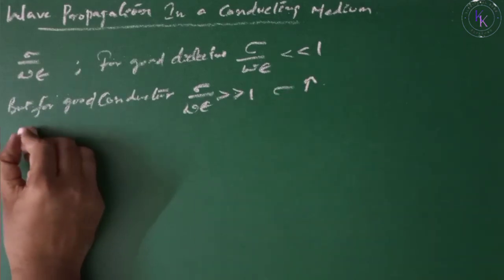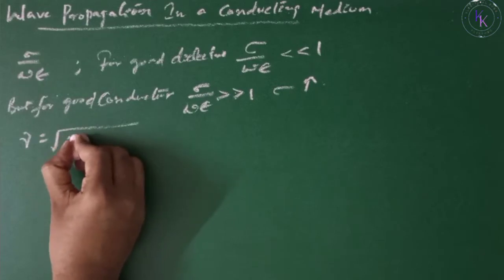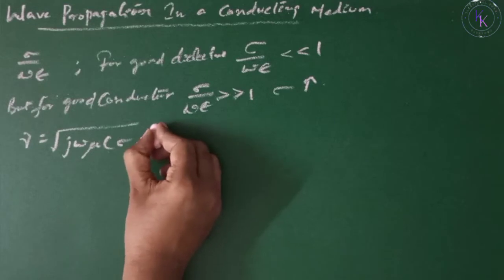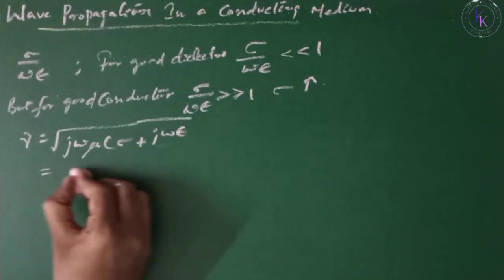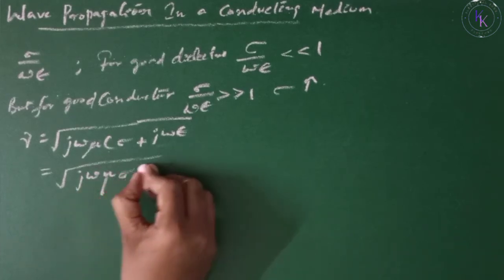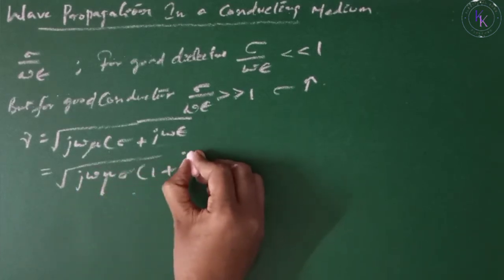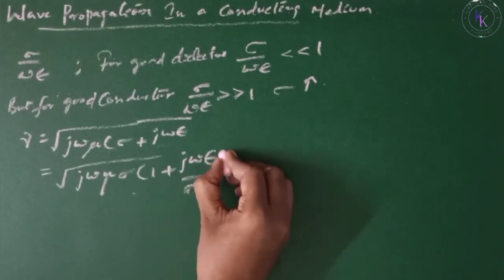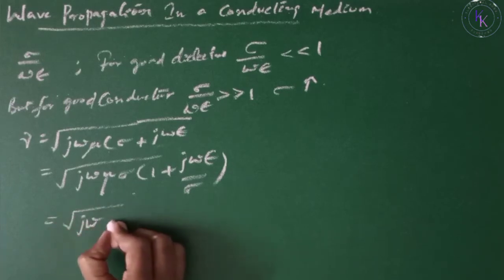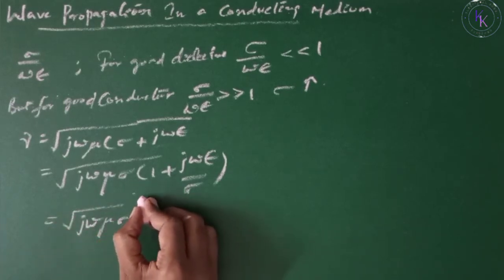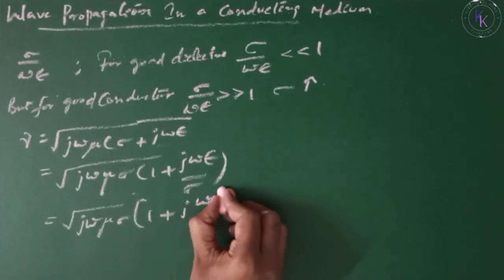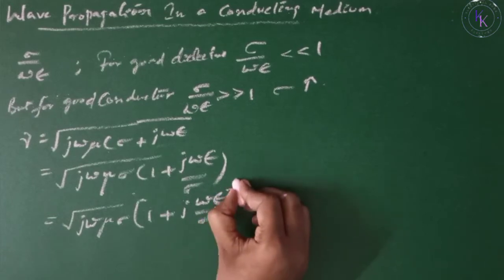We have gamma equals square root of j omega mu times (sigma plus j omega epsilon), from which, taking sigma out, gamma equals square root of j omega mu sigma times (1 plus j omega epsilon divided by sigma) whole to the power of 1 by 2.